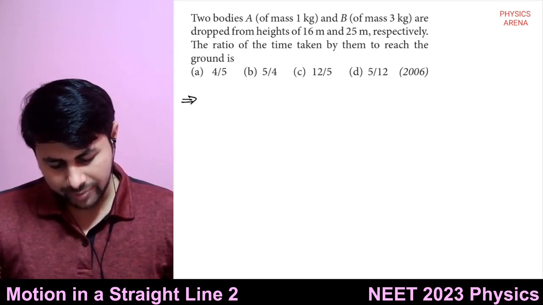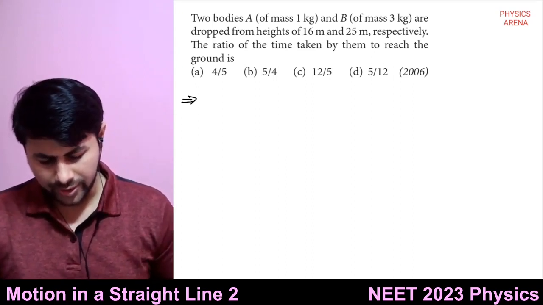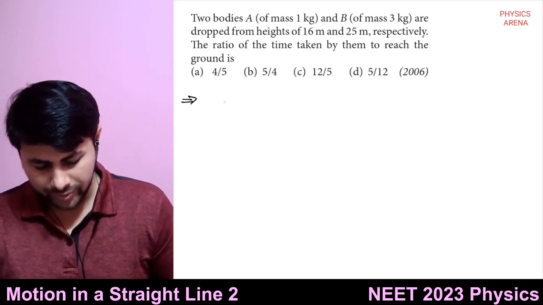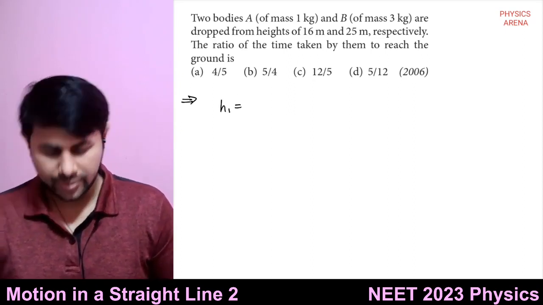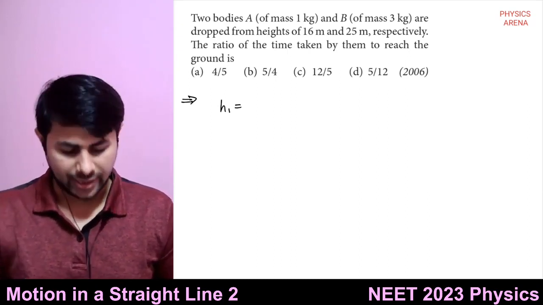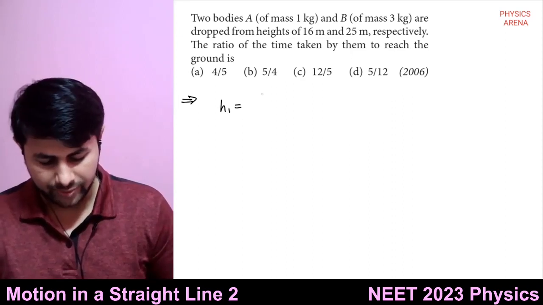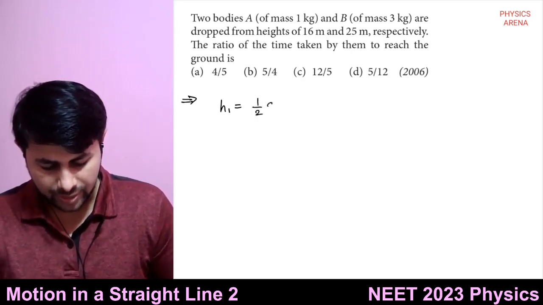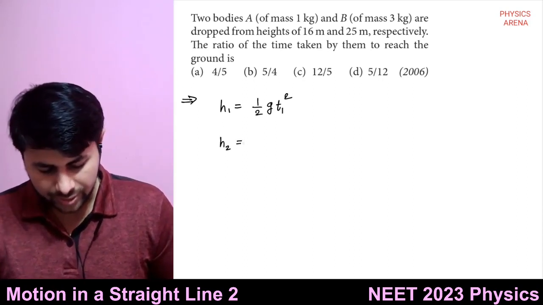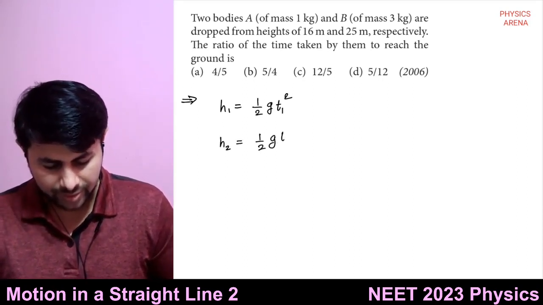So the ratio of time taken by them to reach the ground. The first one is dropped from the height of 16 meters. So h1 is 16 meters. It is just released from that height, not thrown with any velocity. It is half of g multiplied by t1 square, and h2 is equal to half of g multiplied by t2 square.